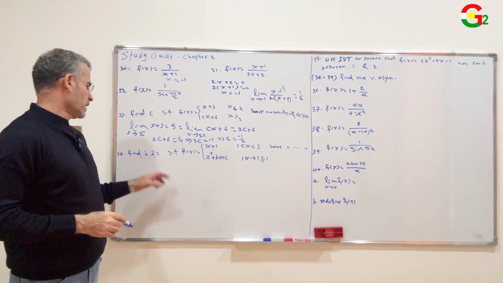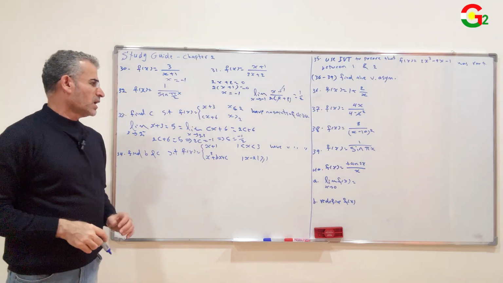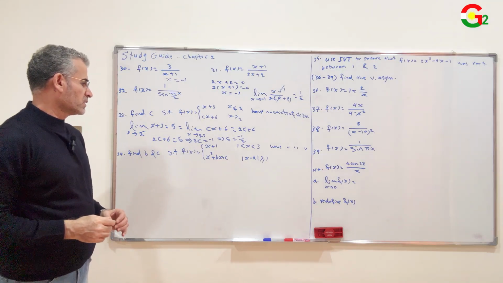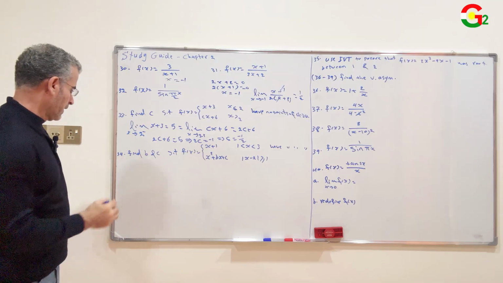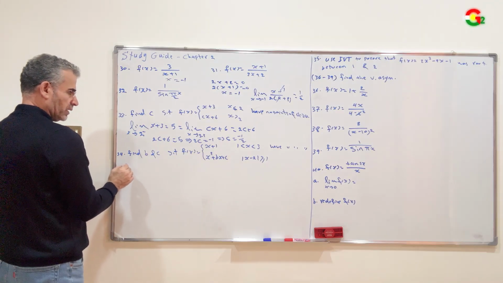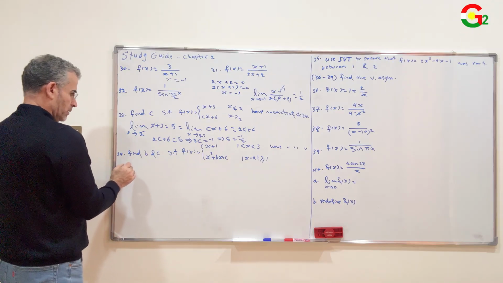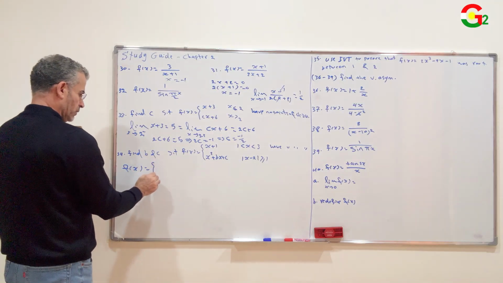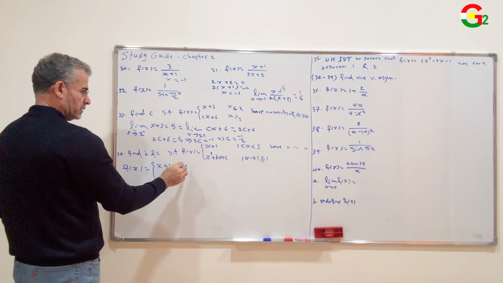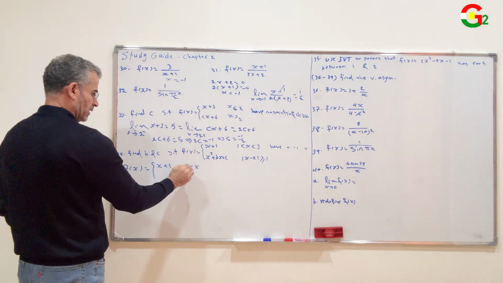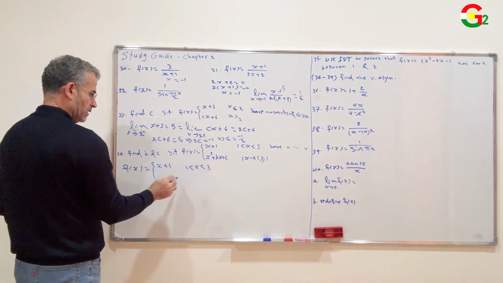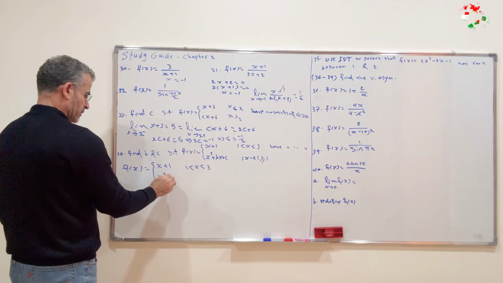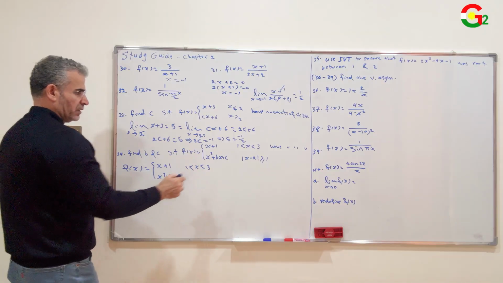Find the values of b and c such that f of x has no point of discontinuity. First, we will rewrite this function as f of x equals x plus 1 when x is greater than 1 and less than 3, and x power 2 plus bx plus c otherwise.